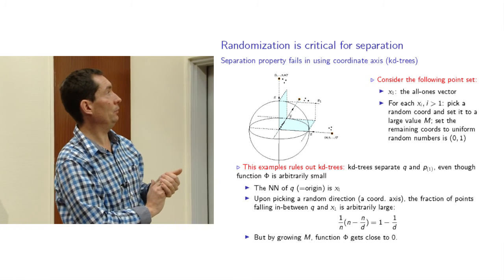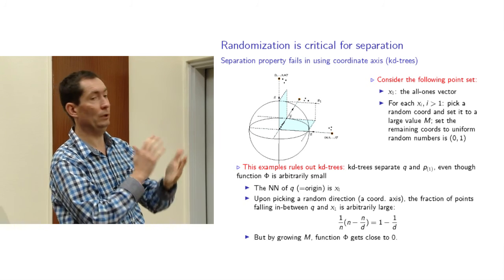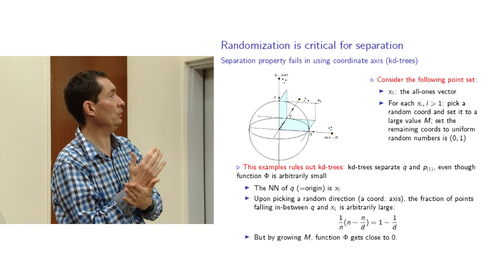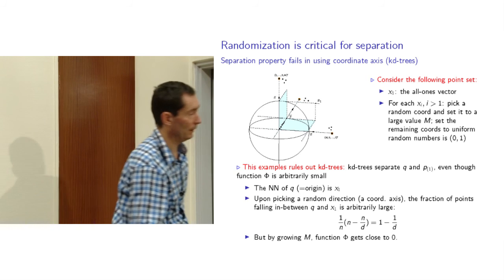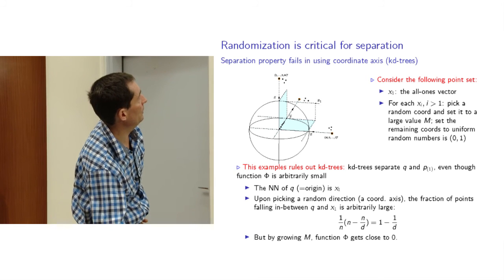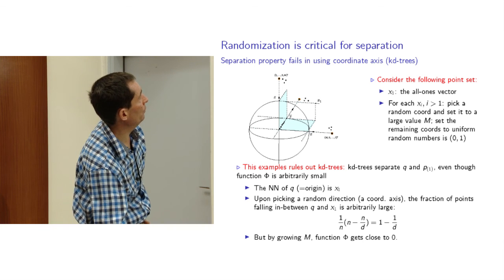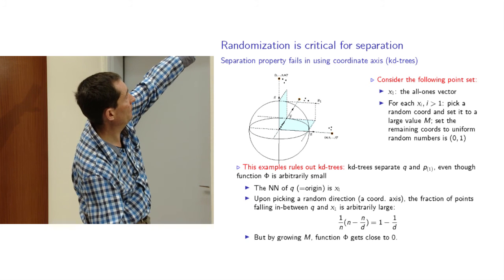In fact, let's assume that we would need to pick a random direction, right? But a direction that would be a coordinate axis. So maybe we would pick x1, right? Okay, and then we would project all points to x1, all points on this coordinate axis.